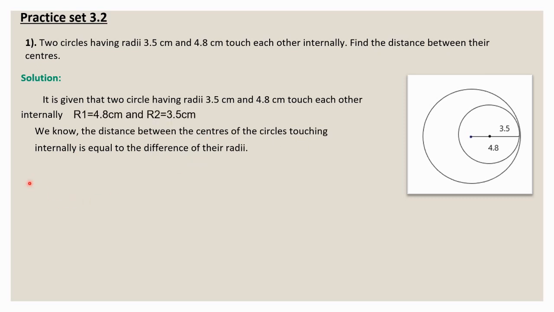So, therefore, the distance between the centers of the two circles is equal to 4.8 centimeters minus 3.5 centimeters, which is 1.3 centimeters. Thus, the distance between their centers is 1.3 centimeters. Here we have used the third property that says if the circles touch each other internally, then the distance between the centers is R1 minus R2.